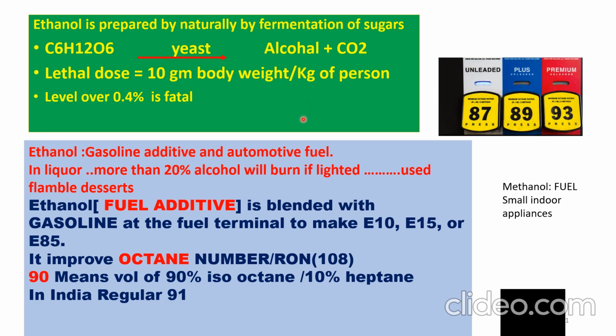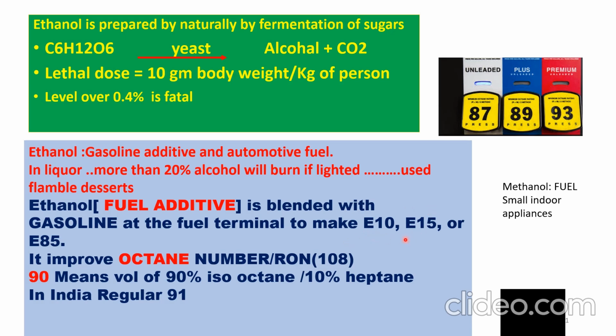Alcohols are also used as a biofuel and a gasoline additive because they produce fewer emissions during combustion. Ethanol is blended with gasoline to improve its octane rating, and it also reduces toxic emissions.